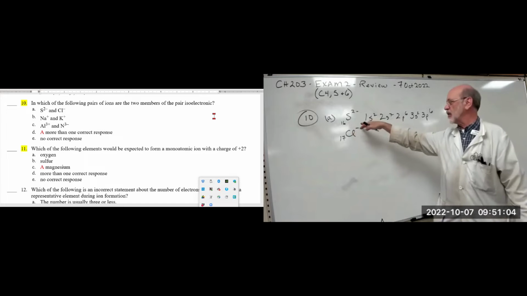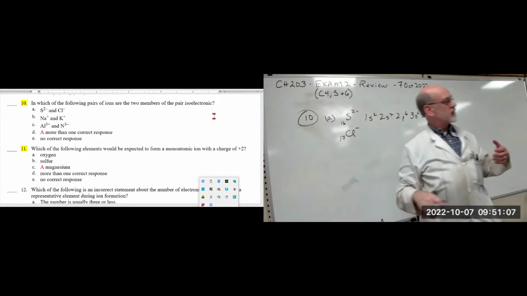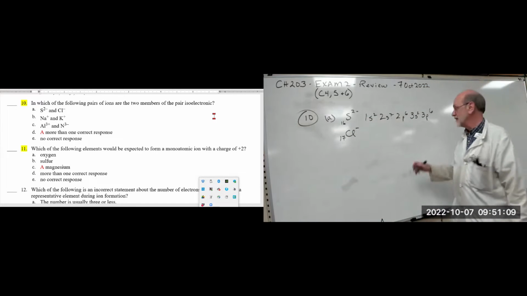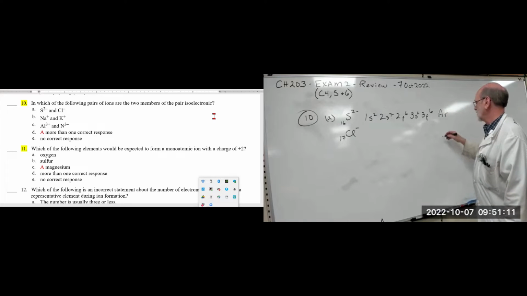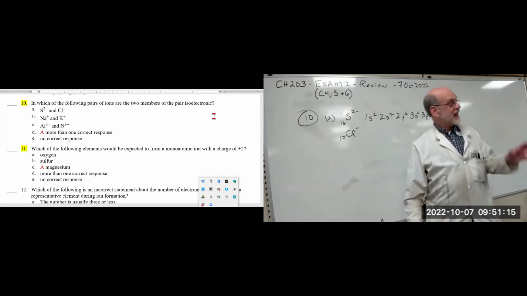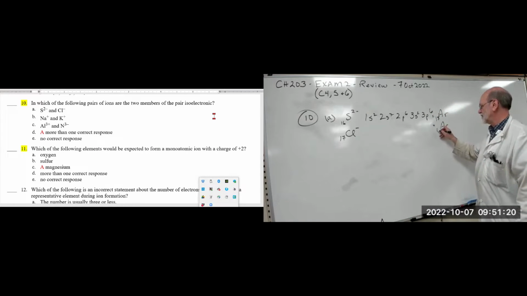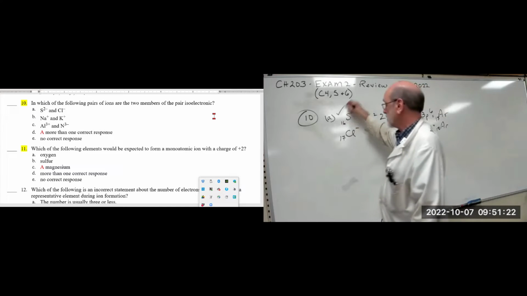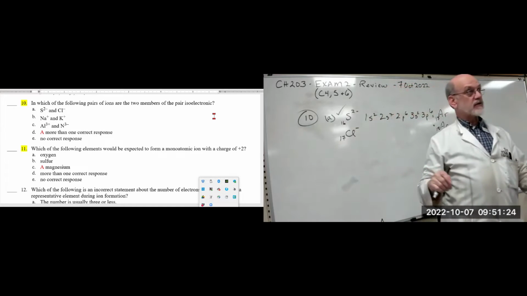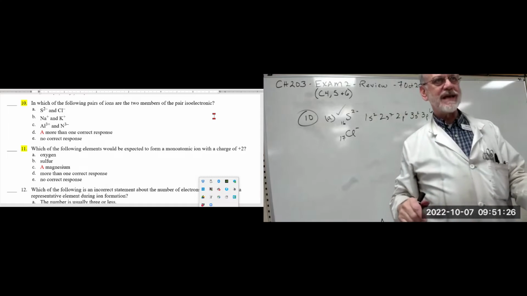So what is that noble gas? It's isoelectronic with the noble gas argon, right? And chlorine is adding 1. It's trying to look like argon. So this one has 2 members that are isoelectronic. Everybody see that?